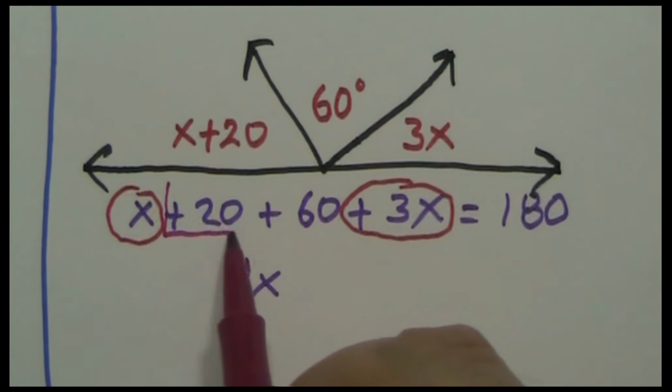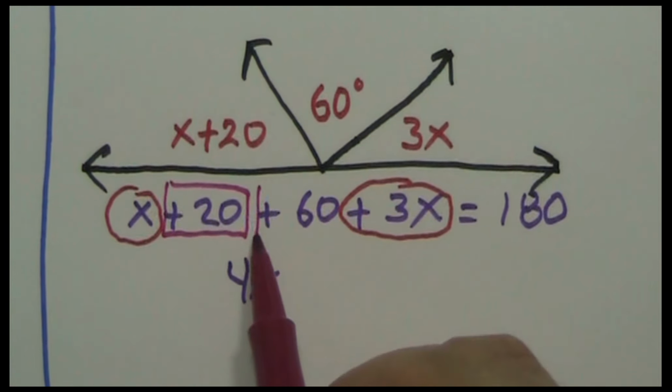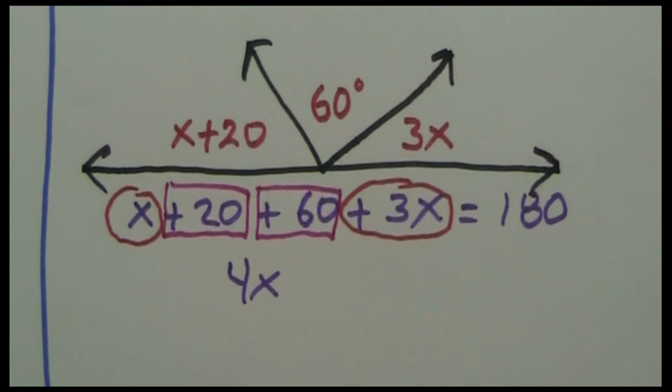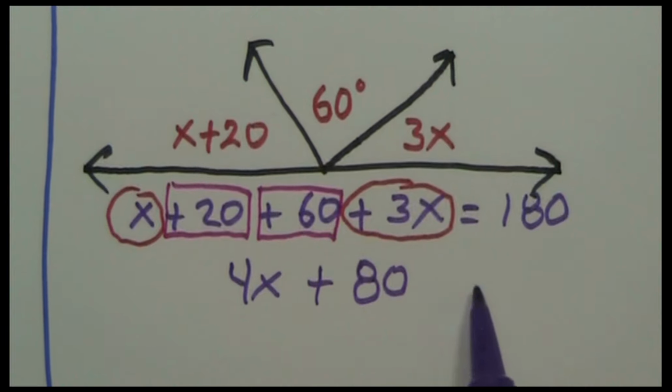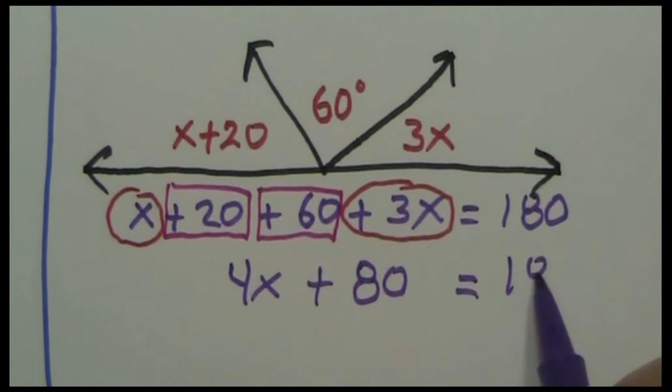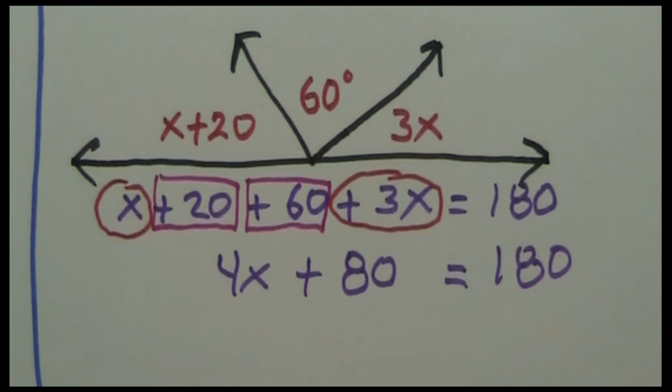So let's see, there's a plus 20 and plus 60. Well, 20 and 60 makes 80. And all of that equals 180. Now we have a two-step problem.